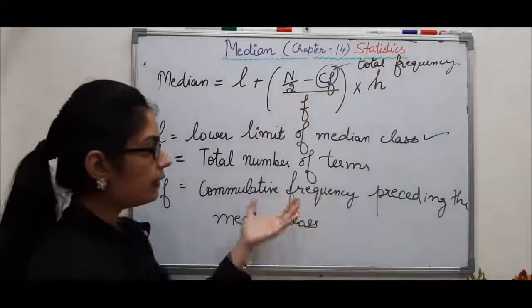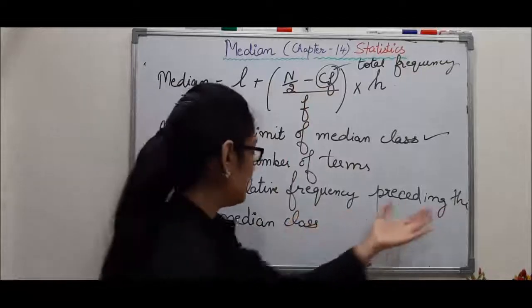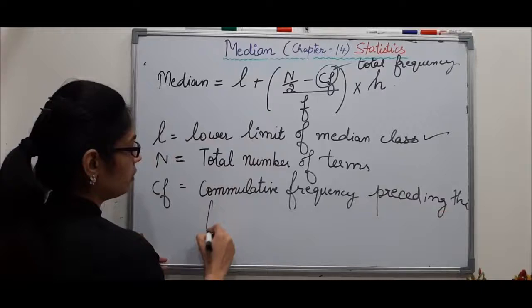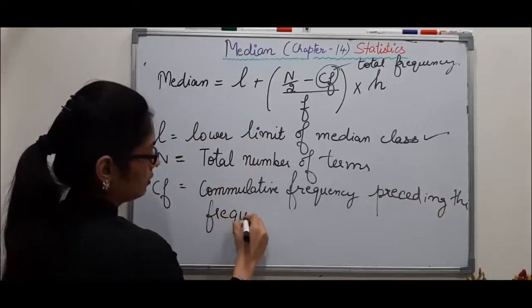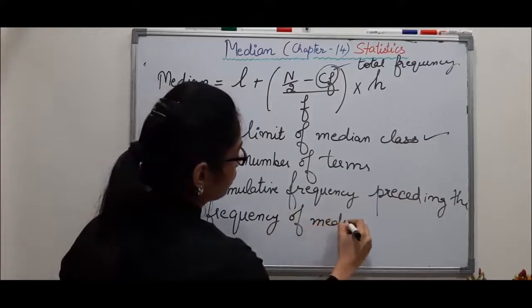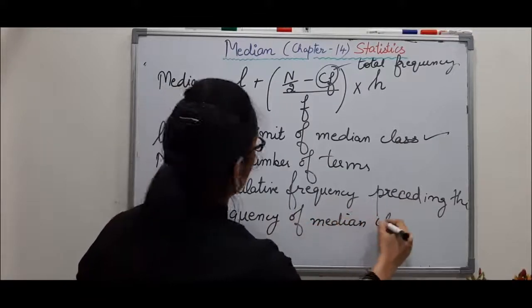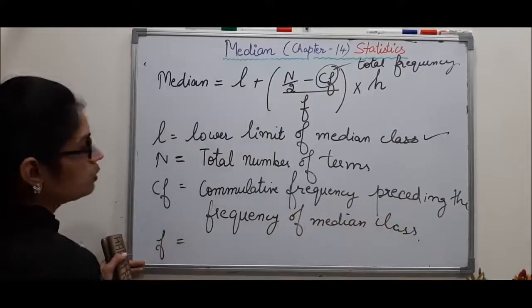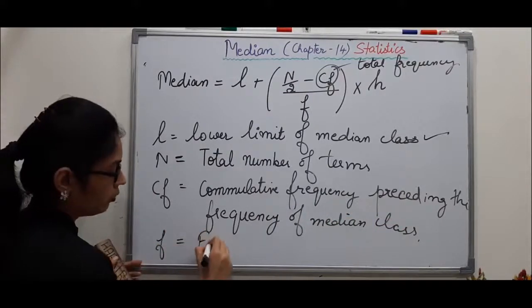In this formula, it is the frequency preceding the median class. And F is the frequency of median class.